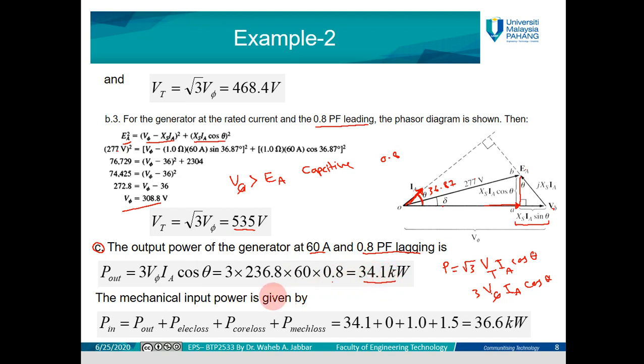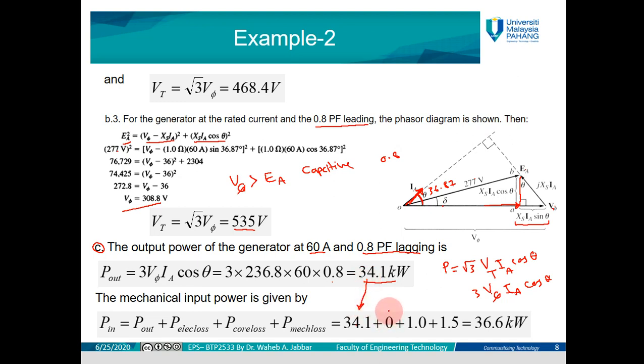If he asks about the input power, the input power will equal the output power plus the losses. So we have the losses from frictional loss, core loss and mechanical loss also. All these losses will be added to the P out in order to give you the input power. So we have the P out, which is 34.1, the one that we got here. You just substitute here.